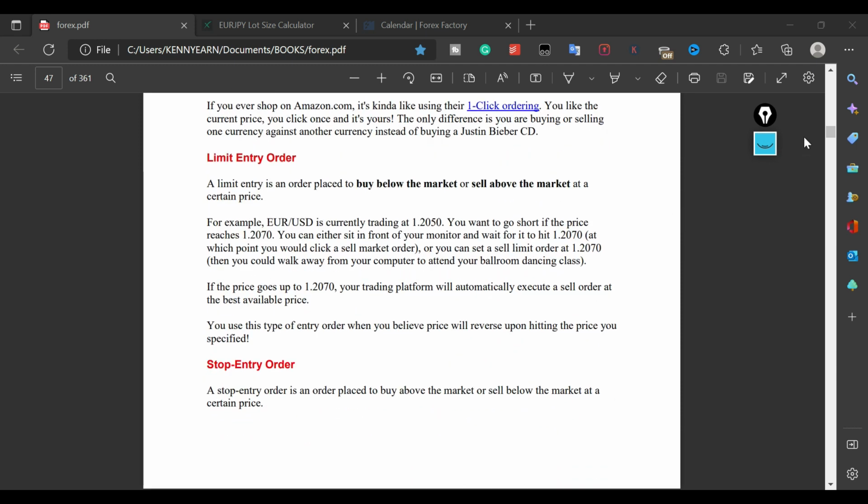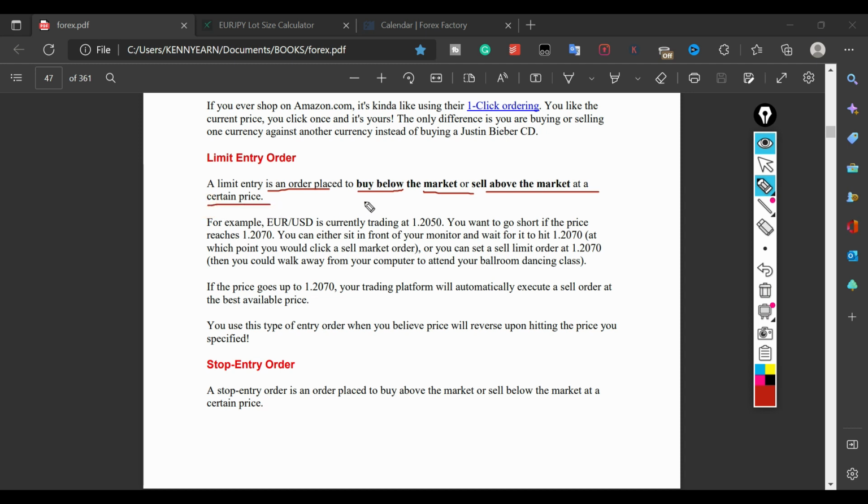Limit entry order. This kind of order is an order that you place to buy below the market or you sell above the market at a certain price. Limit order is like saying that if the market is trading like this now, and I want to sell but I don't want to sell here, I want the market to come here, I'm going to place a limit order at this price.